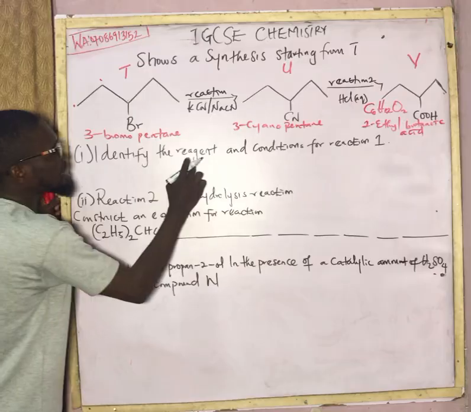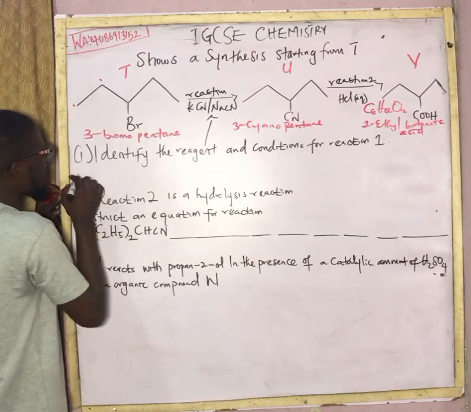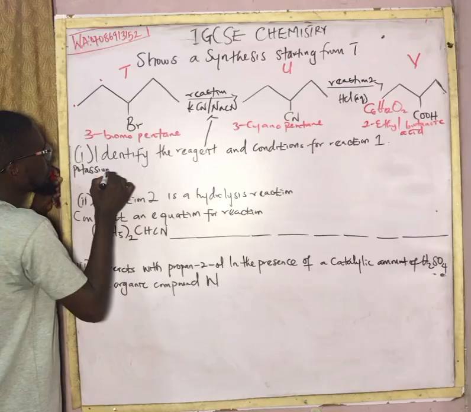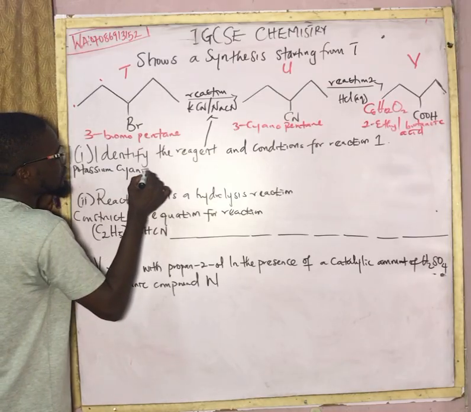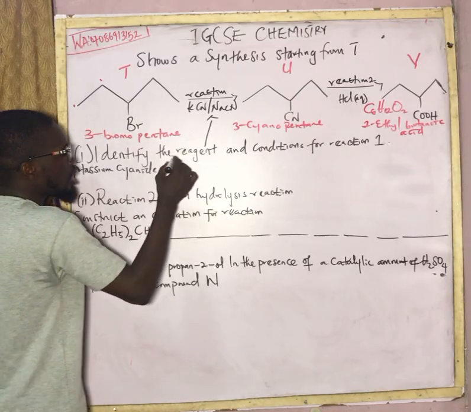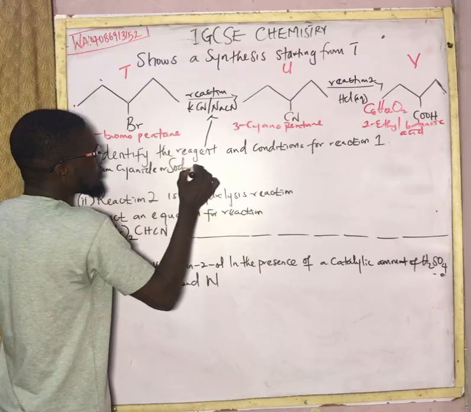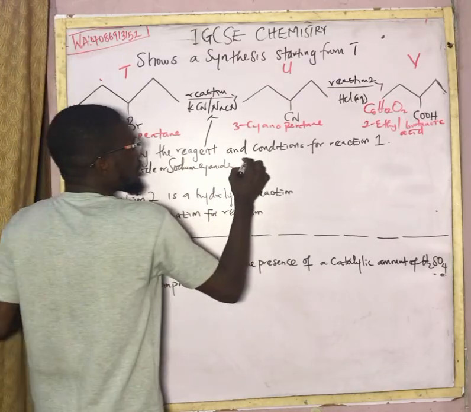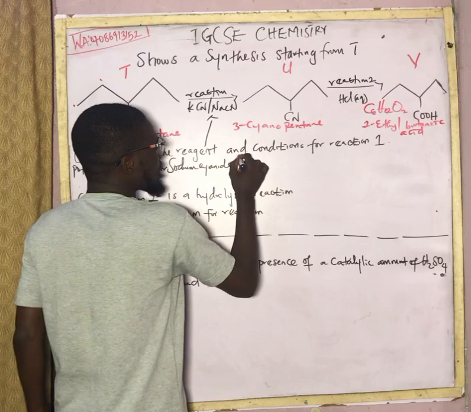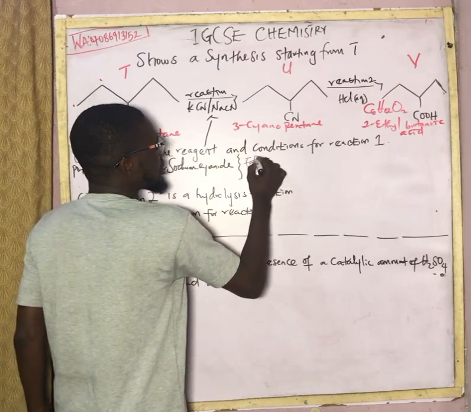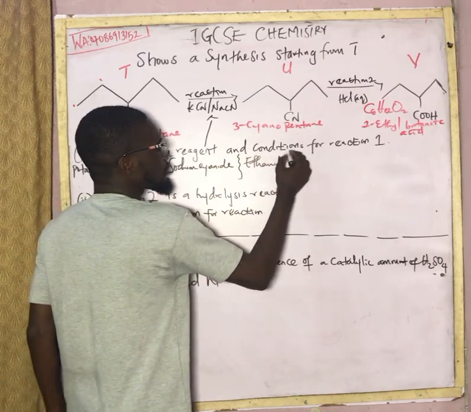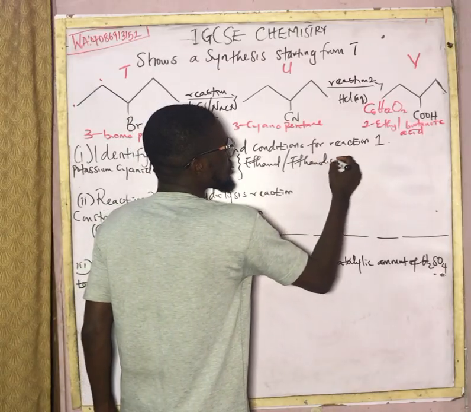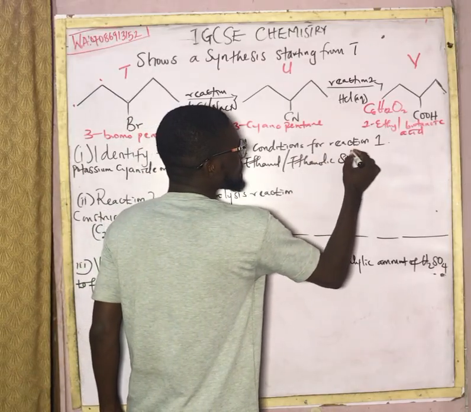So this is the reagent: potassium cyanide or sodium cyanide. And the condition used here is ethanol, or ethanolic solution.